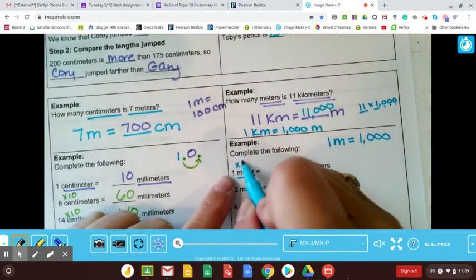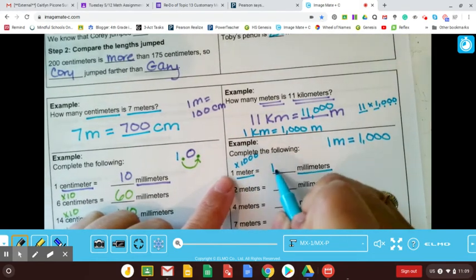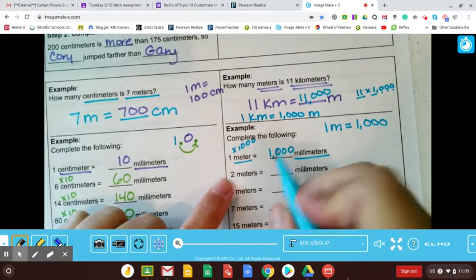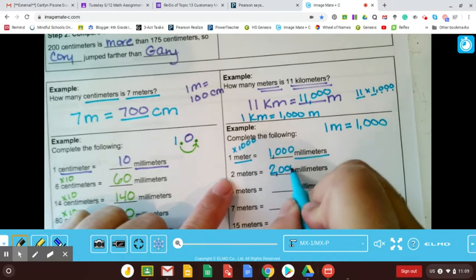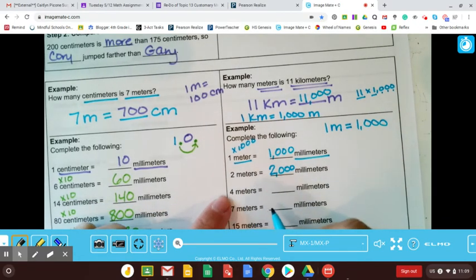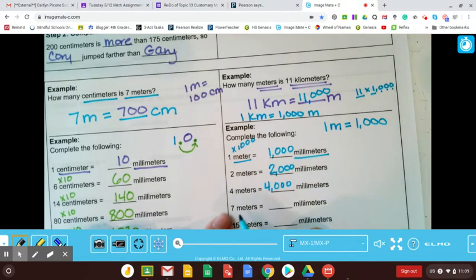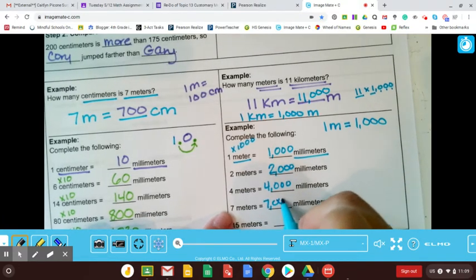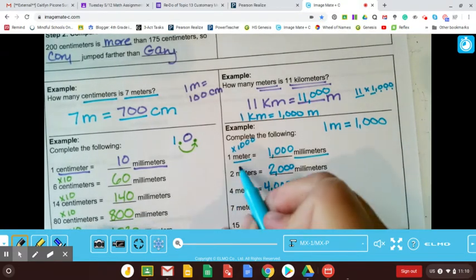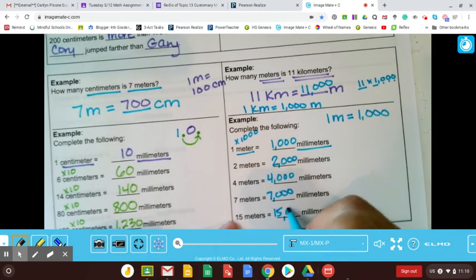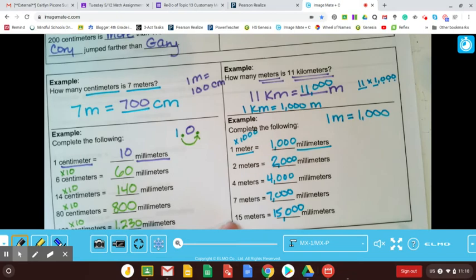So I'm going to need to multiply by 1,000. So same thing here. If I have 2 meters, I have 2,000 millimeters. If I have 4 meters, I have 4,000 millimeters. If I have 7 meters, I have 7,000 millimeters. I'm just multiplying by 1,000. And 15 meters would be 15,000 millimeters.